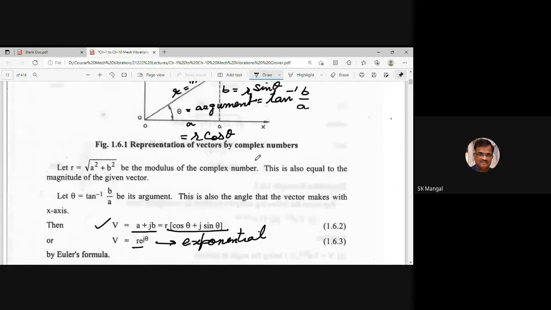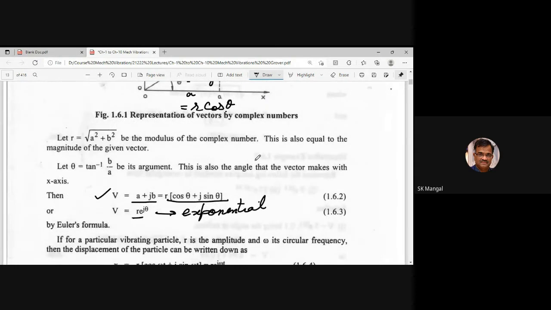So now for a rotating vector having an amplitude of r and a circular frequency of omega, this theta is nothing but omega t.